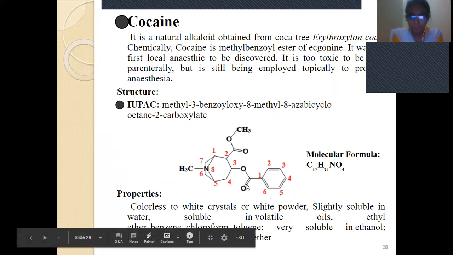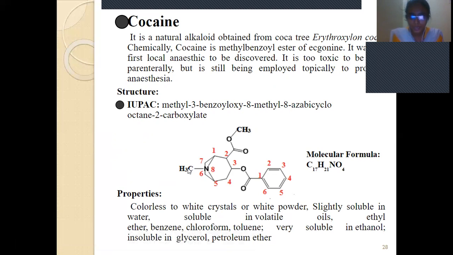So this is the structure and IUPAC name: methyl 3-benzoyloxy-8-methyl-8-azabicyclo octane-2-carboxylate.